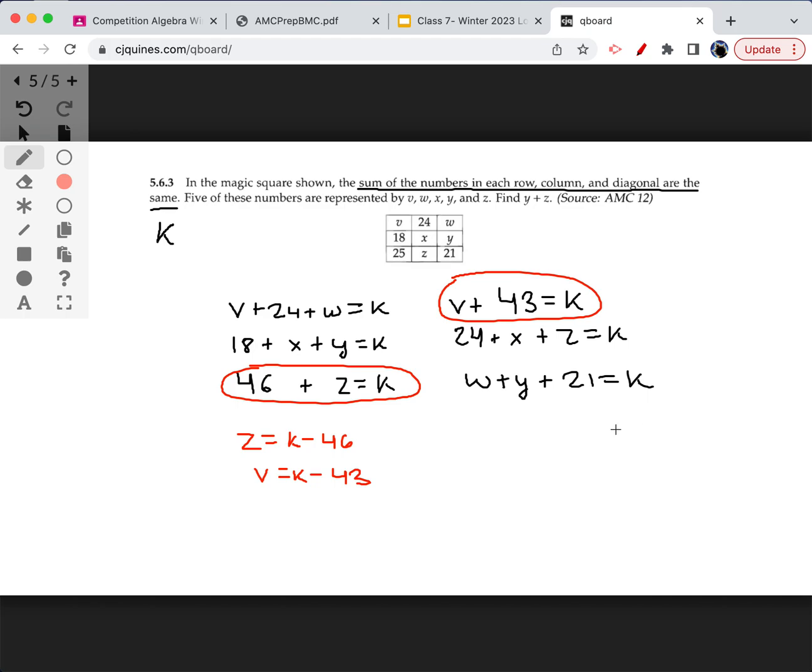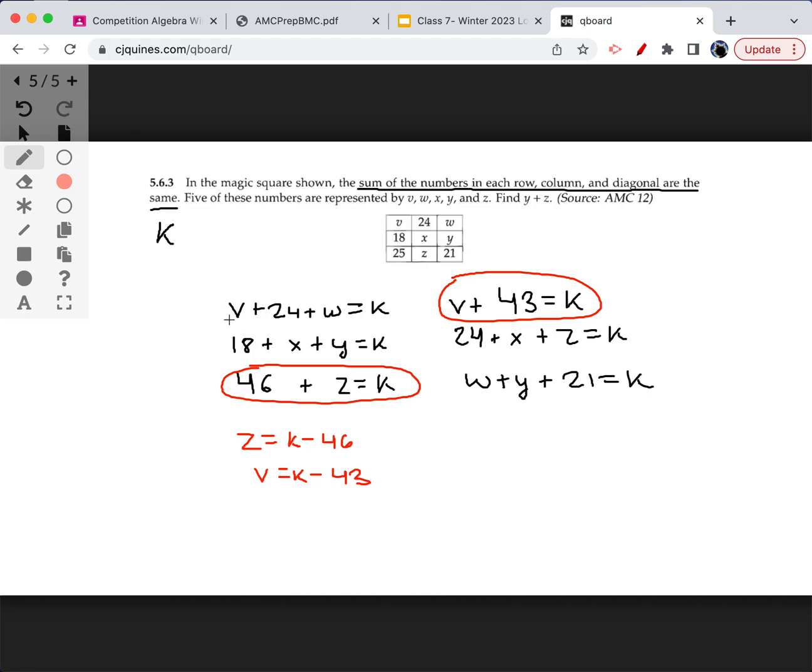So now, let's substitute in these values to our remaining 4 systems. And also we have the information about the diagonal, but I'm pretty sure we won't need that just yet.